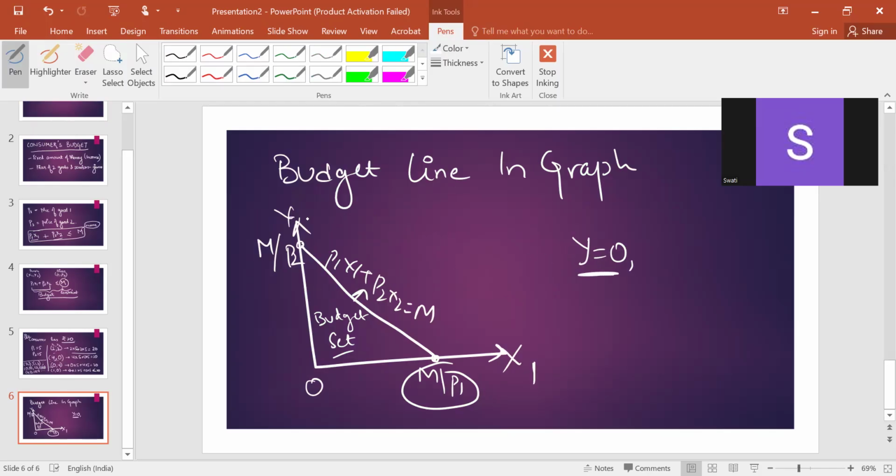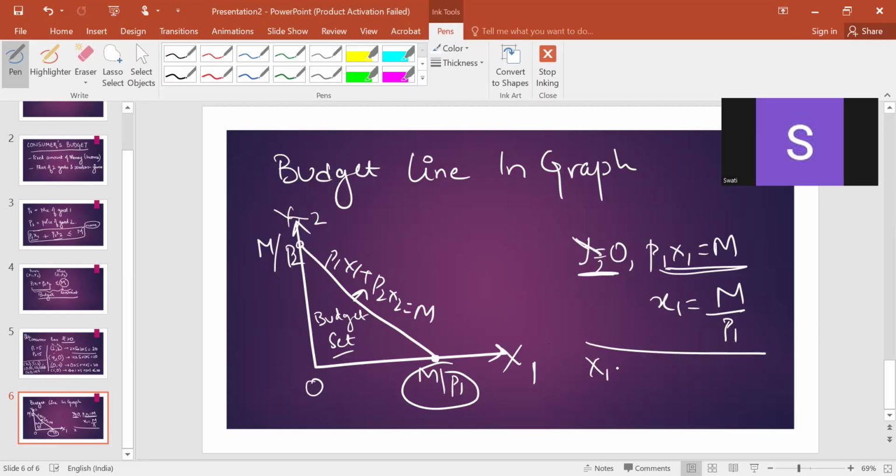If I consider this as x1 and this as x2, and x2 is 0, then the equation becomes P1 x1 is equal to M. In that case, solving this equation, x1 becomes M upon P1. Similarly, at this point, we consider that x1 is 0.